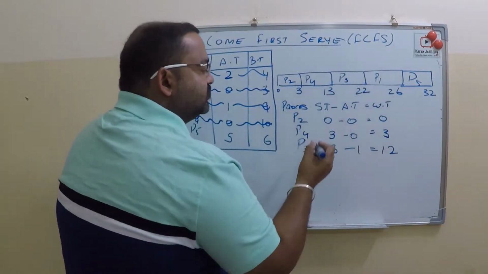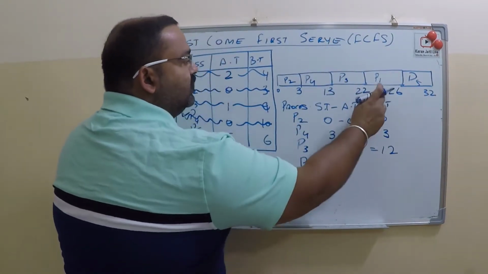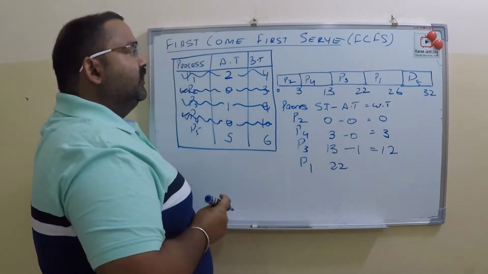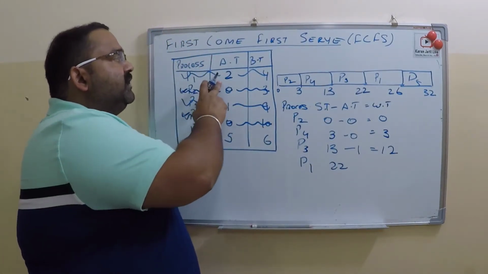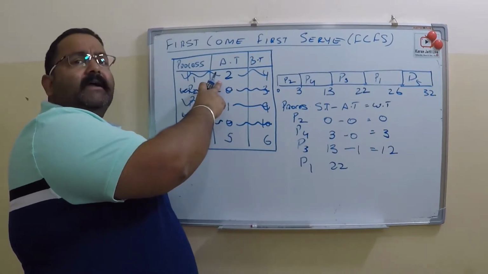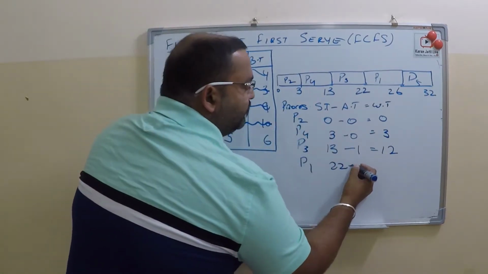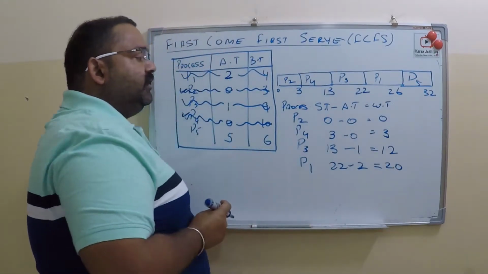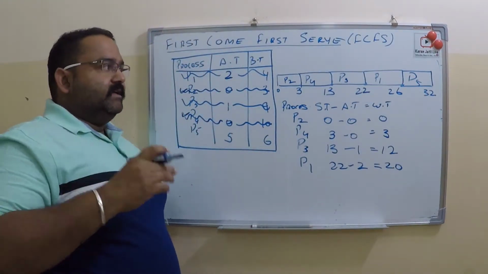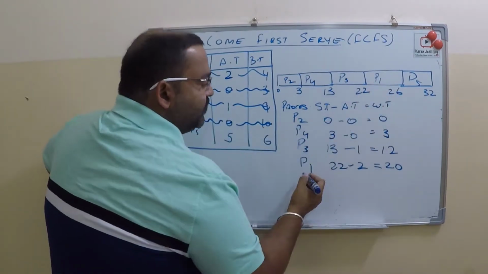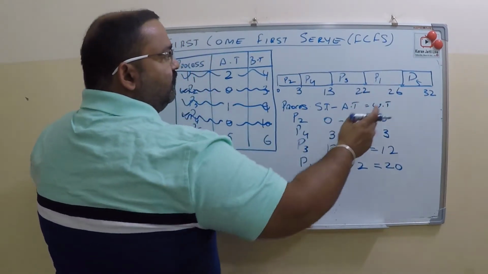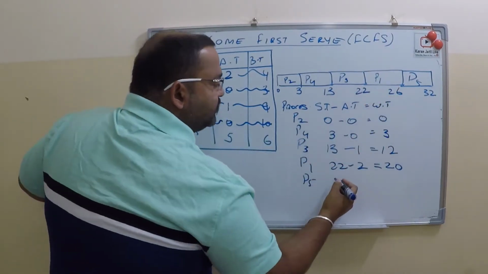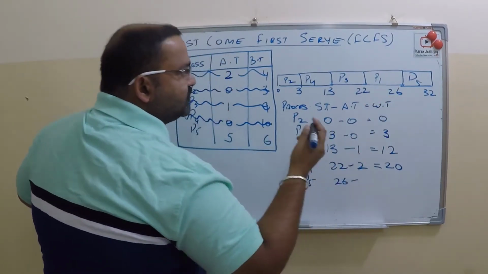Now coming to process P1. What time did P1 start? It started at time 22. And what time did P1 come? It arrived at time 2. So it had to wait 20 seconds. Then comes P5. What time did P5 start?